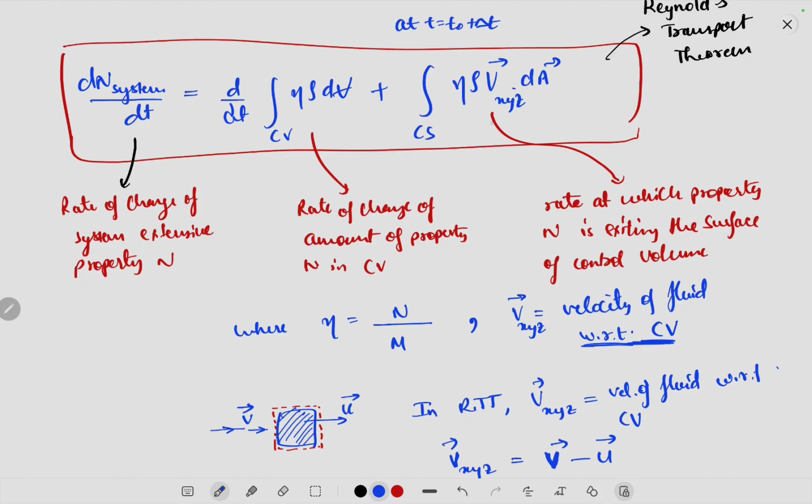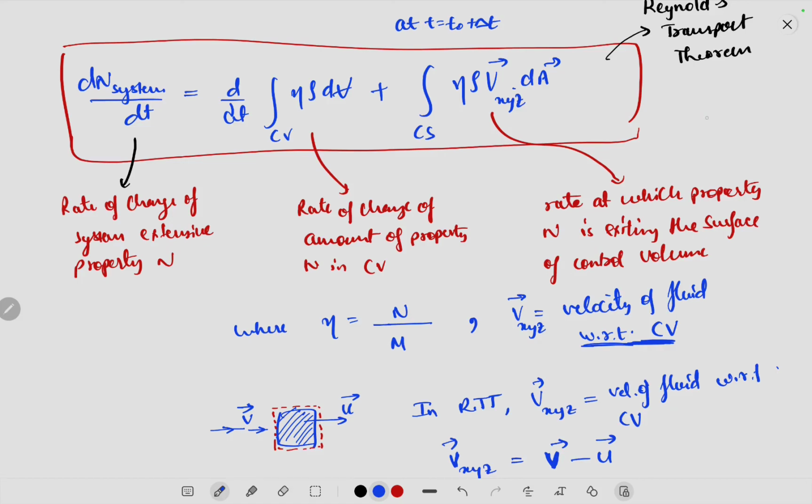This will become more clear, how we should take this relative velocity of fluid with respect to control volume, when we do some problems on Reynolds transport theorem.